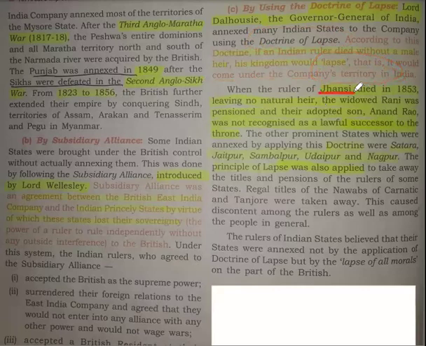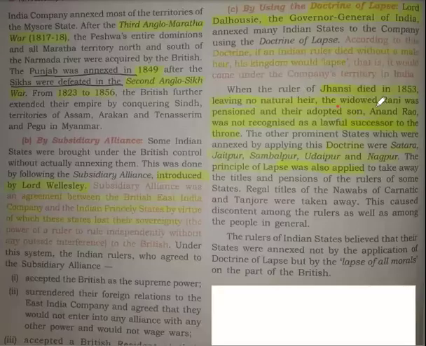When the ruler of Jhansi died in 1853, leaving no natural heir, the widowed Rani was pensioned, and their adopted son, Anand Rao, was not recognized as the lawful successor to the throne.